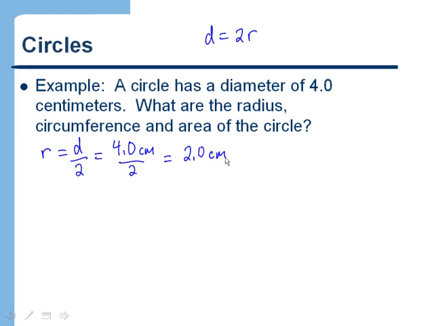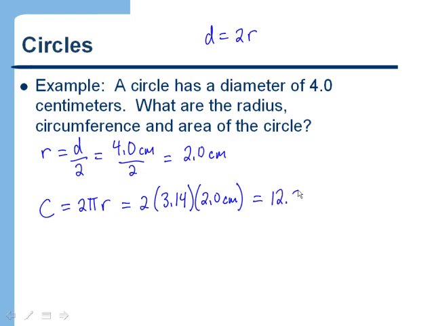The next thing we would do is once we have the radius, we can calculate both the circumference and the area. So circumference is equal to 2 pi times r. And again, what that tells us to do is take 2, multiply by 3.14, and then multiply by the radius, which is 2 centimeters. And if you work that out on your calculator, you'll get 12.56 centimeters.